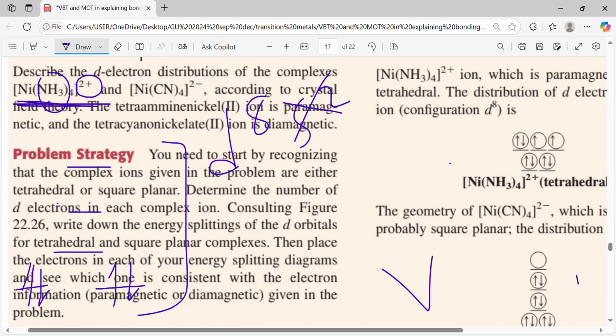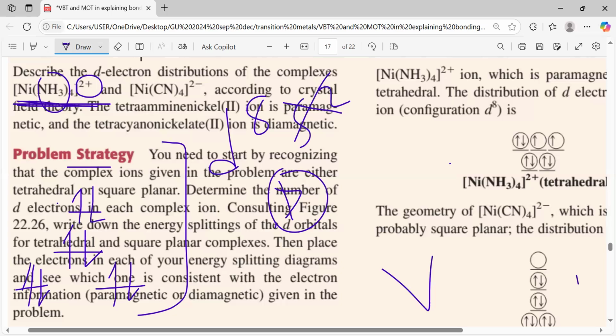In this case, remember the two ligands we are dealing with bond strongly, meaning we get high splits, or high delta. When they're bonding strongly, the delta is high, so pairing becomes a priority. So I'll pair there, then pair here, that is 6, then 7, then 8.